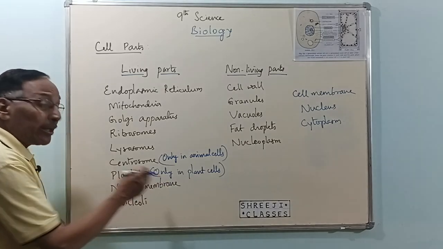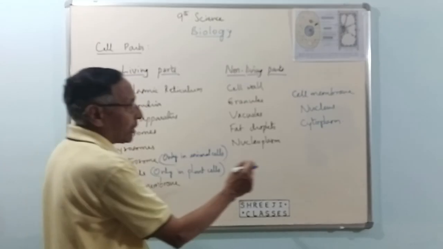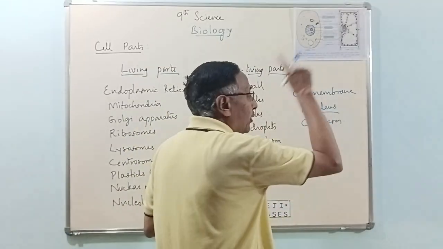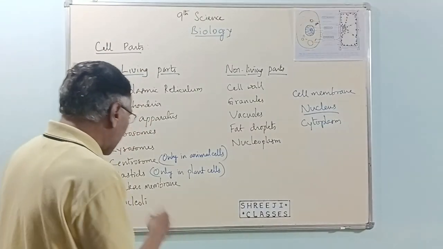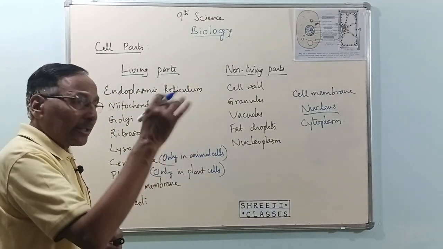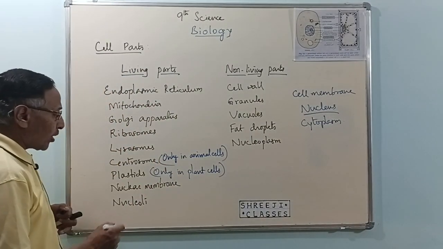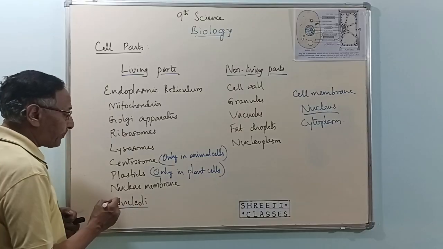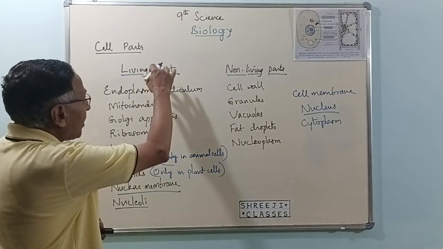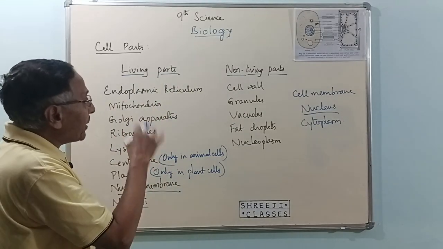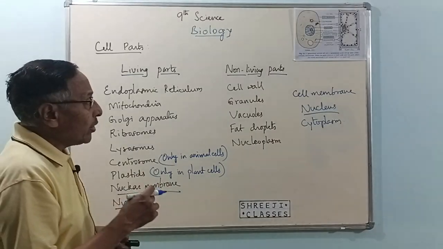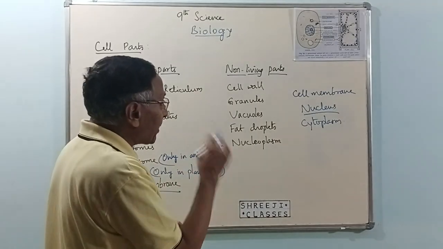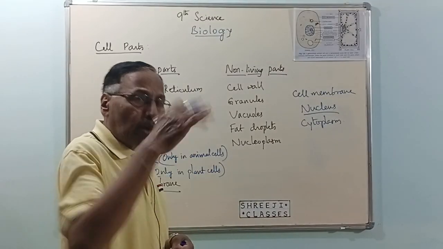Then nuclear membrane, that is the membrane which surrounds the nucleus, and inside the nucleus there are structures called nucleoli. Right? These are all the living parts. Along with them there are also some non-living parts.